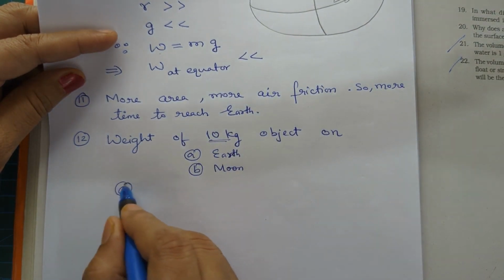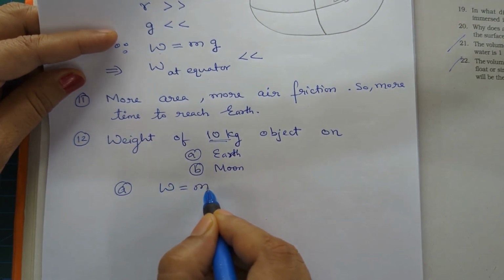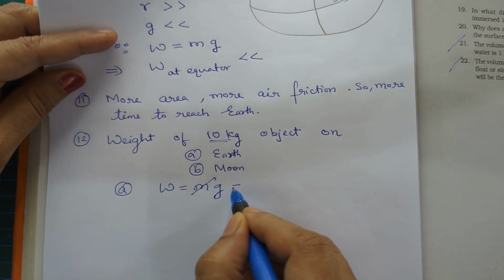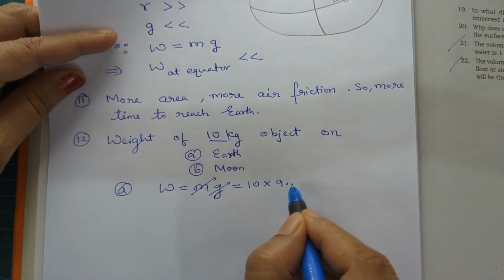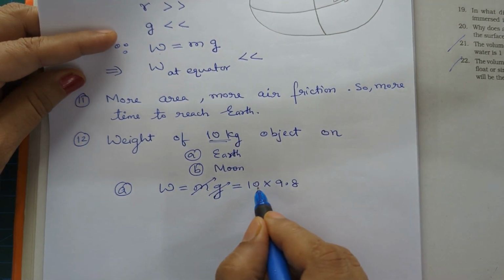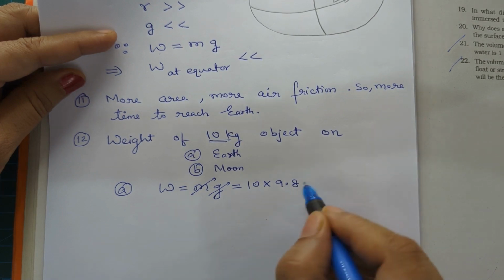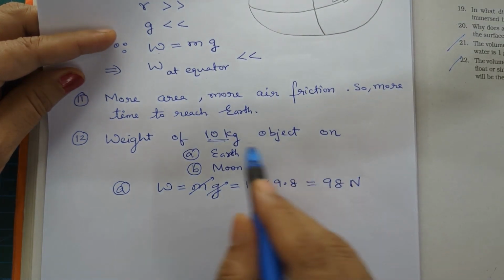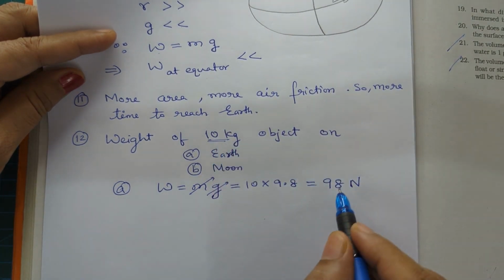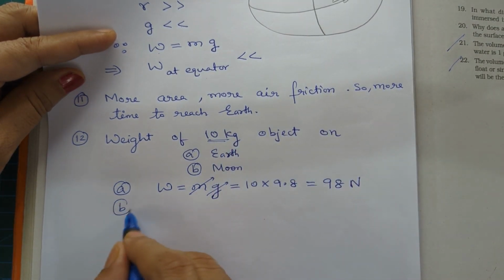First, the weight formula is W equals mg. Mass is 10 kilograms, g of earth is 9.8, or we can take it as 10 also. Kilogram meter per second square is Newton. So 10 into 9.8 is 98 Newton. So that 10 kilogram mass object will weigh 98 Newton on the surface of earth.